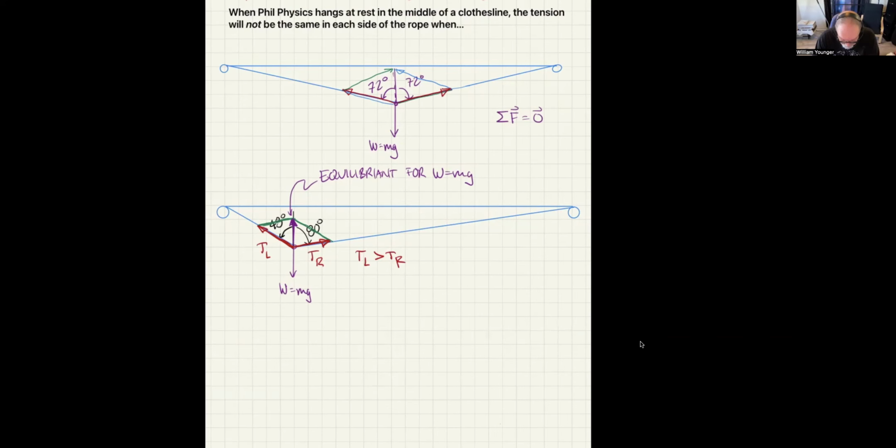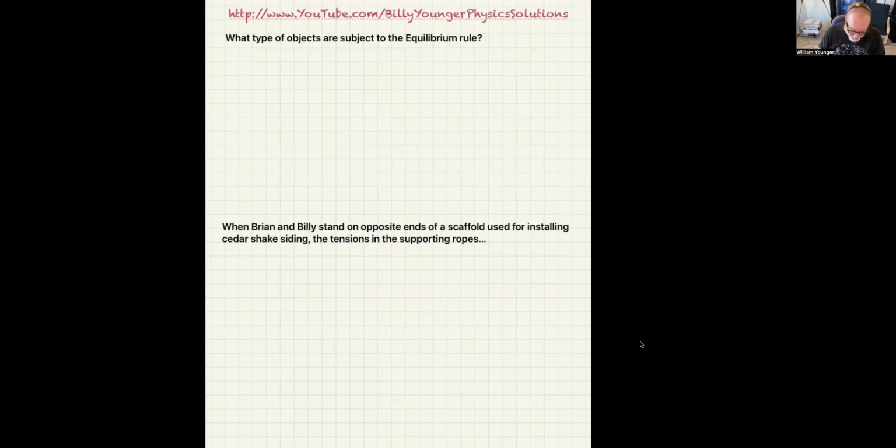It's only 48 degrees from vertical, whereas the one on the right is more like 80 degrees from vertical, and it's shorter. That's another general trend we'll see whenever you have two ropes at different angles holding up a person or an object. So hopefully that question helps. Let's look at the next question.